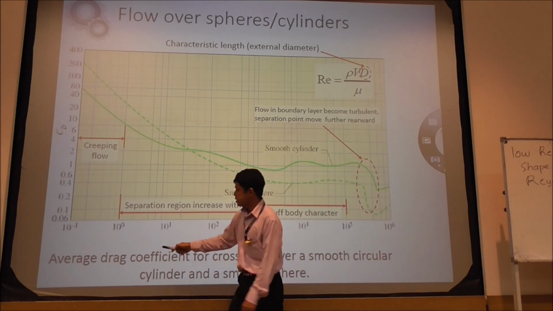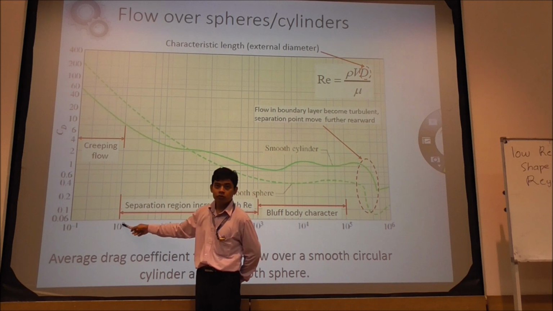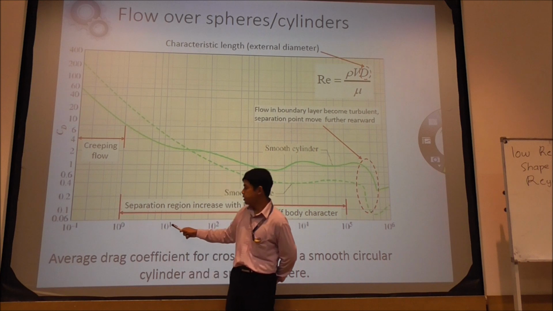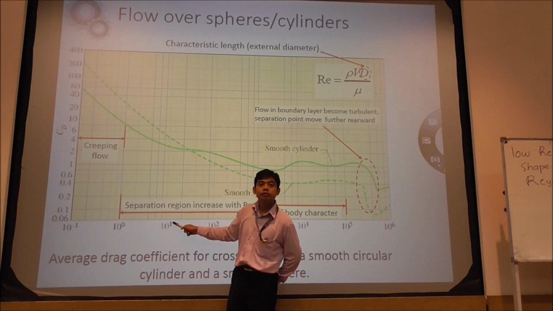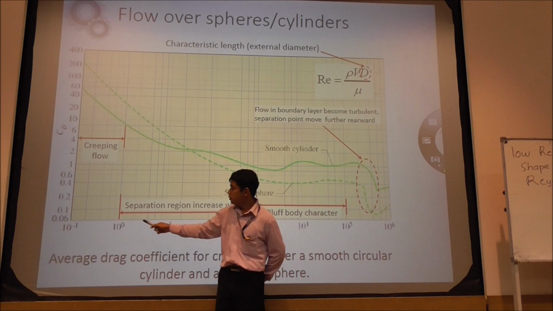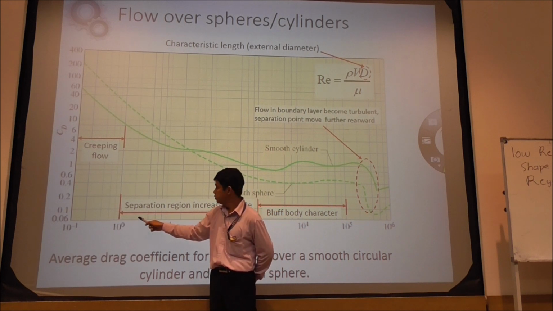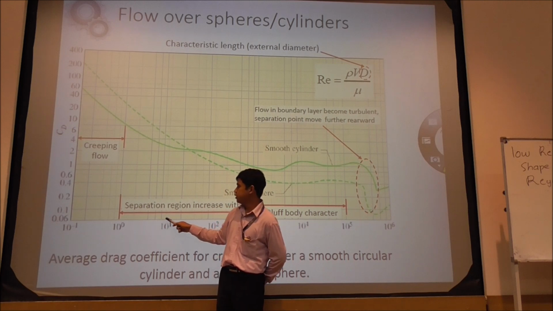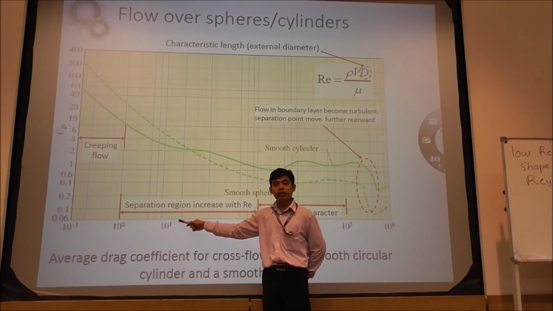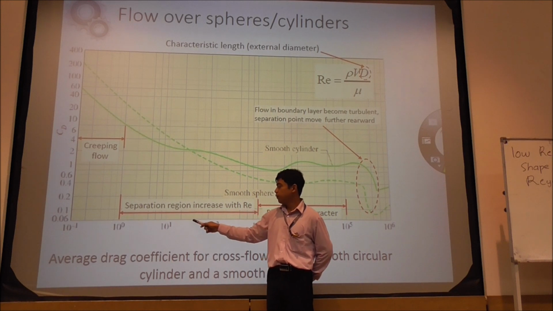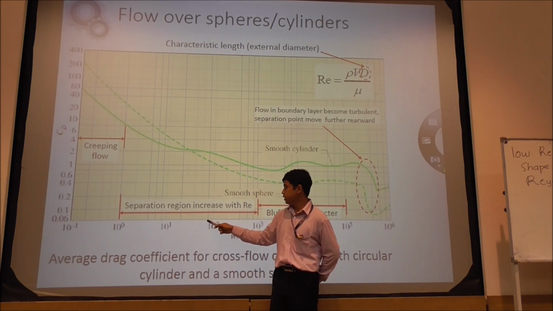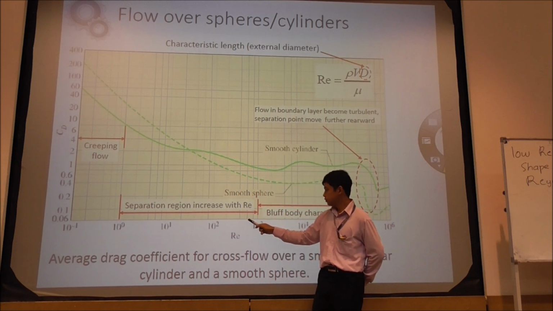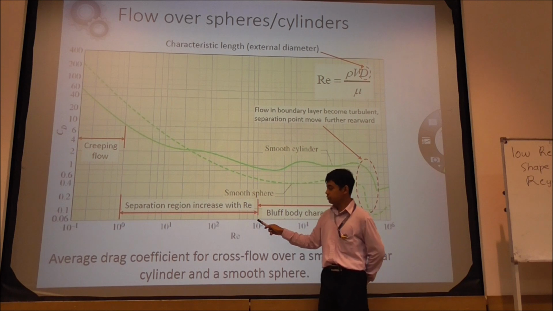You see, this one is 10 to the power of 0. 1. So you see this one 1. This one is 10. Where is the 2? This line is 2. This line is 4. This line is 6, 8, 10. This one 20, 40, 60, 80, 100. 200, 600, 800, 1000.